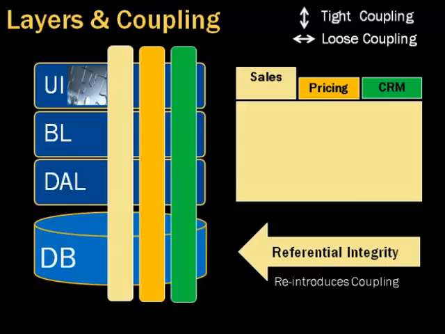One of the issues with it is that we're used to having a single database where we put all our tables and they have primary key, foreign key relationships between them. This referential integrity ties the shoelaces of our autonomous services and prevents them from actually being as autonomous as they could.